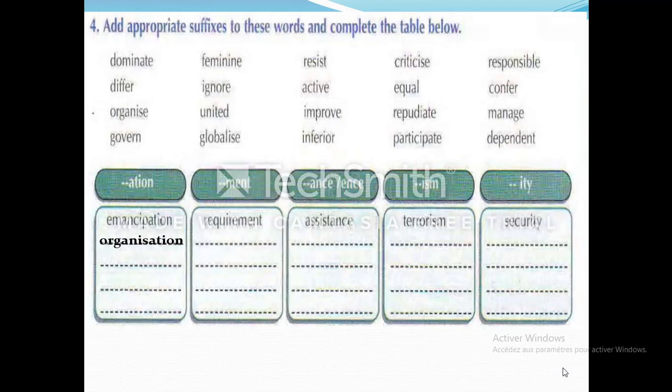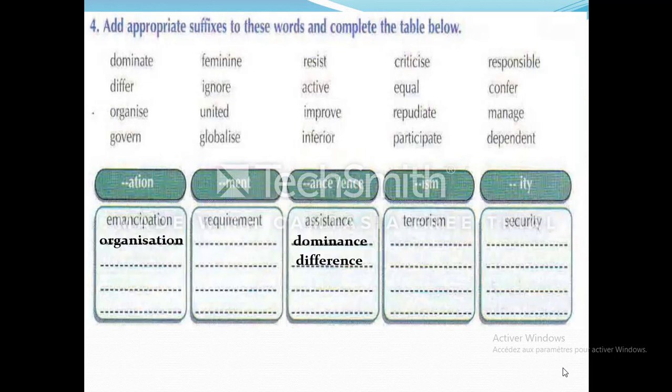Organize. When we add the suffix, it becomes organization. Very good. Next, differ becomes difference. Here we have different suffixes, we have ance and another suffix ence. Good.